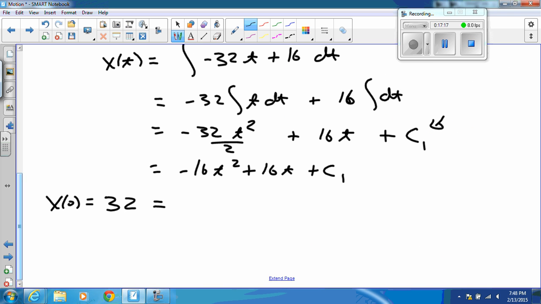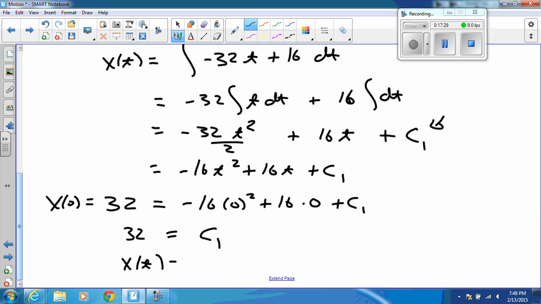Now I can use the initial condition that x of 0 is equal to 32 by plugging in. So x of 0 is equal to 32 is equal to negative 16 times 0 squared plus 16 times 0 plus c1. Or in other words, c1 is 32.